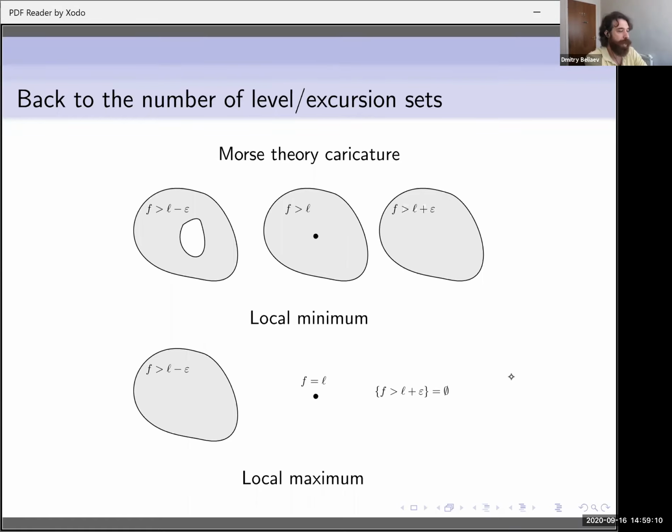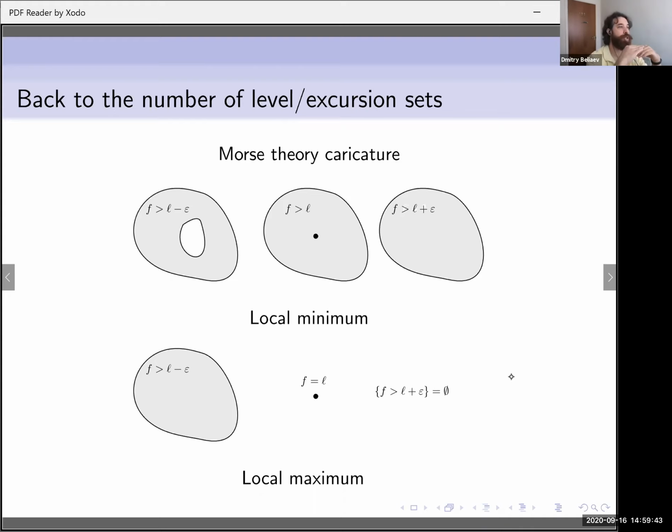We take a field, and let's assume that here we have a local minimum. Then if you take a level which is below the critical level, you get this kind of doubly connected domain. Then as you raise the level, this white domain shrinks to a point and then disappears.